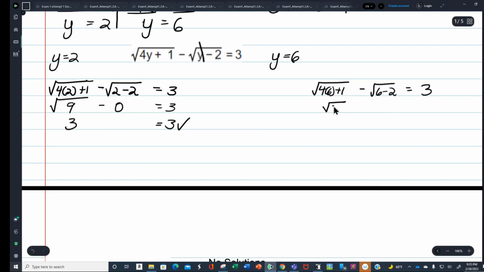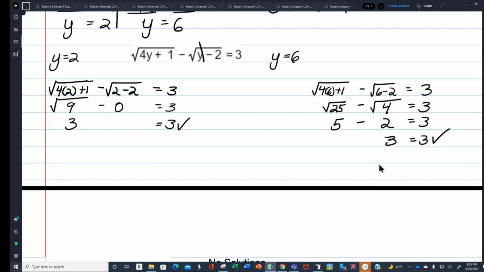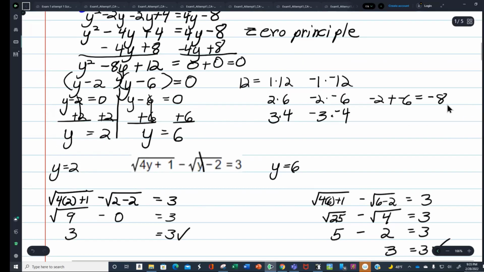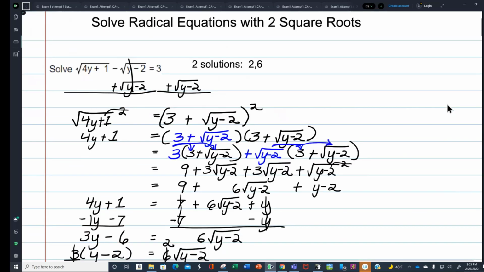We'll have the square root of 25 minus the square root of 6 minus 2 is 4. Equals 3. The square root of 25 is 5. Minus the square root of 4 is 2. And that is 3. Equals 3. So that checks. That can happen sometimes.